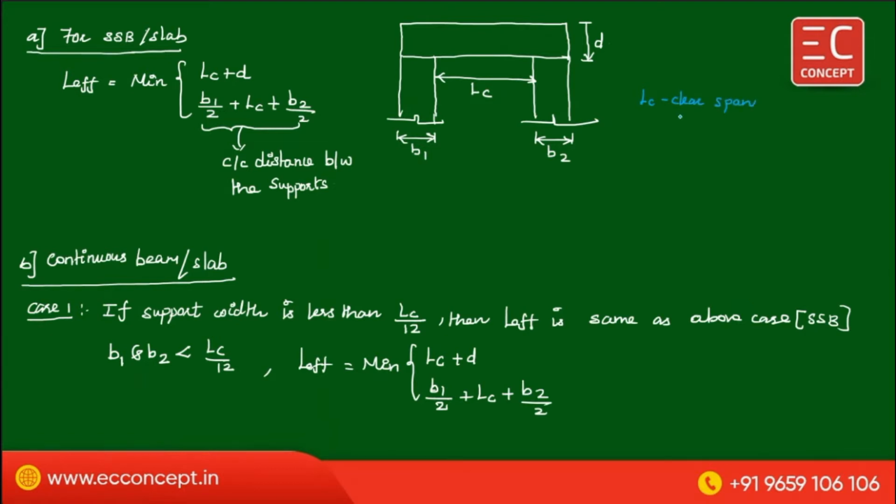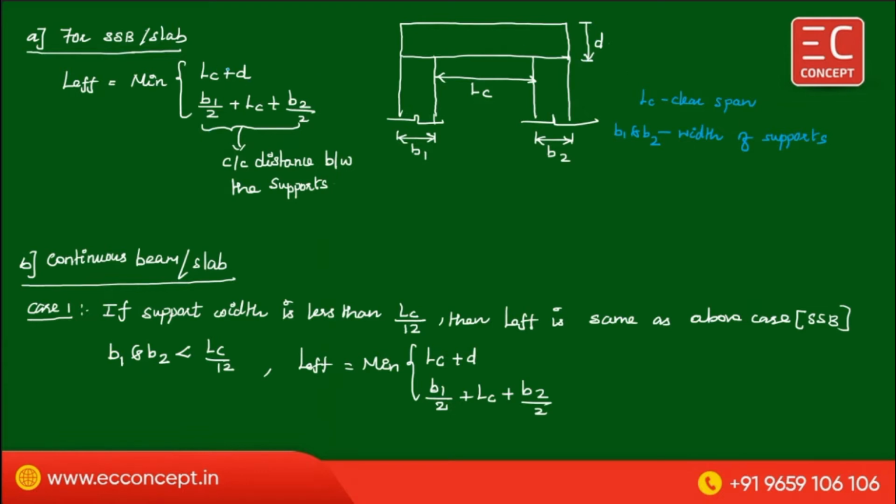B1 and B2 are the widths of the supports, and d is the effective depth.